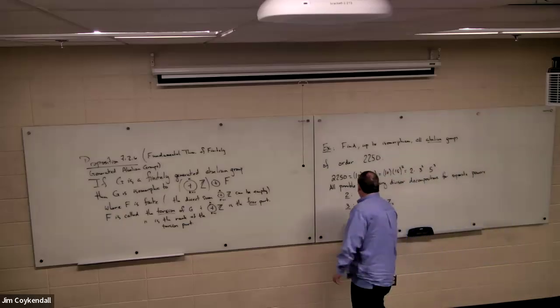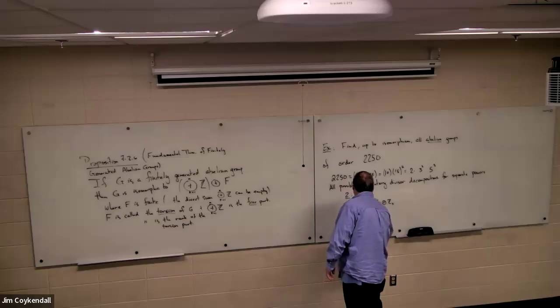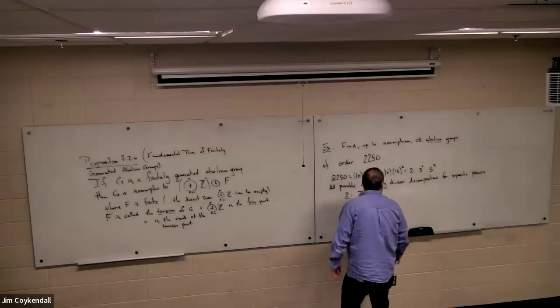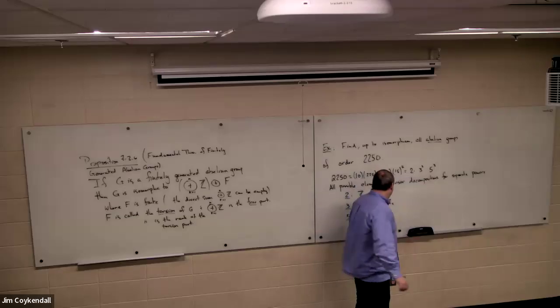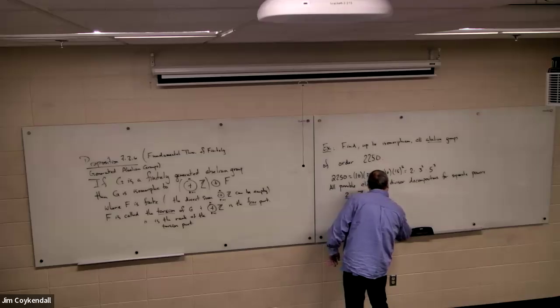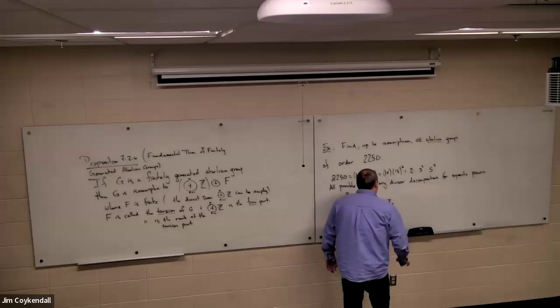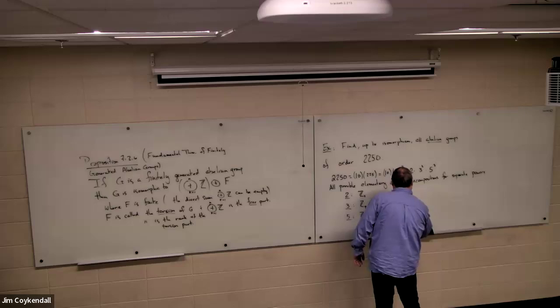How about 5? Well, one group of order 125 could be cyclic of order 125. I could also break 125 down as 25 times 5.